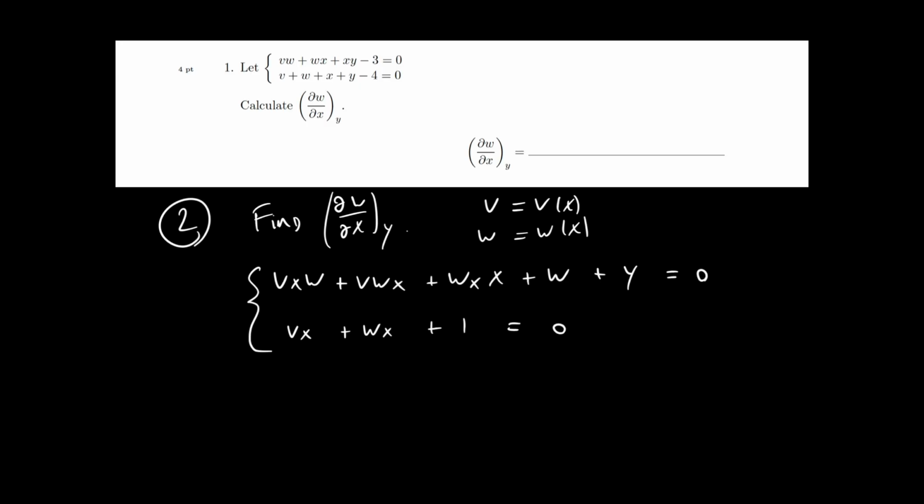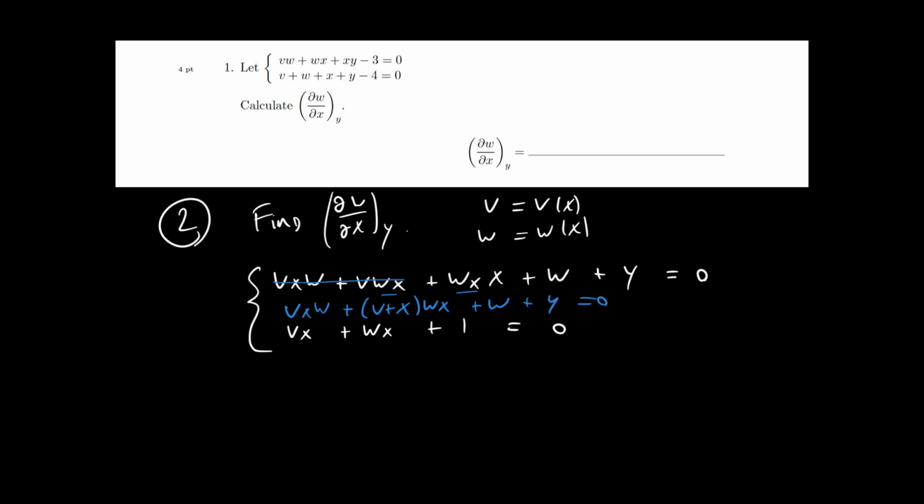All right, now we need to tidy up the first a little bit, because we see that this wx occurs twice here, so let me simplify that a little bit. So we have vx times w, and then combining the second and third terms, we get v plus x times wx, and then we have plus w plus y is equal to 0.